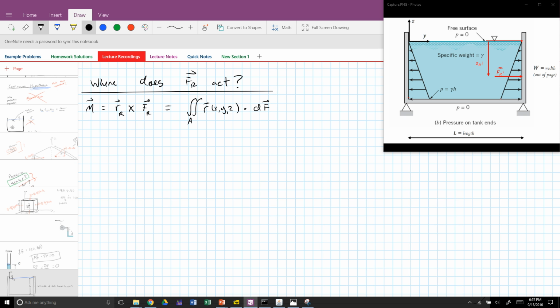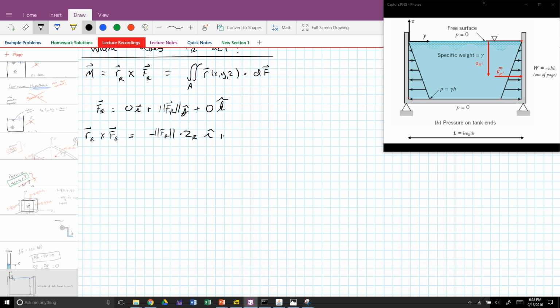So what that means is that the moment arm crossed with the resultant force is going to be equal to negative magnitude Fr times Zr i plus 0j plus Xr times magnitude of Fr times the k unit vector.